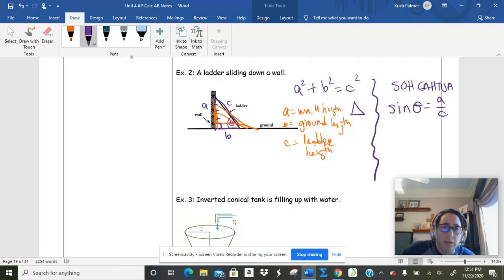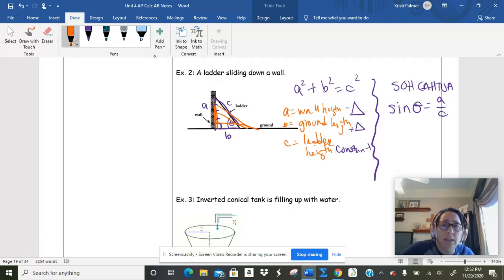The ground length is getting longer, that is changing. That one's a negative change, that one's a positive change. But the ladder, that is constant. The ladder isn't shrinking or pulling out, the ladder just stays and falls. So that ladder length is going to be constant.